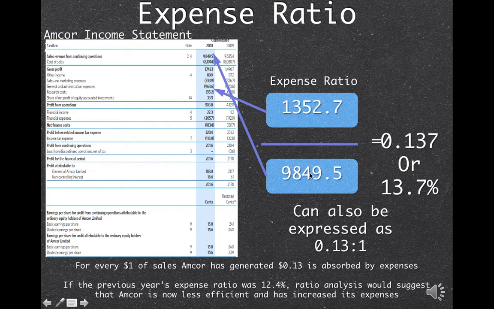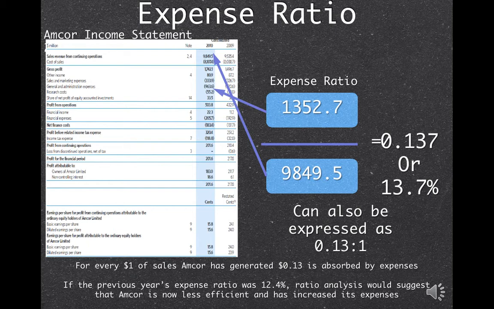Then we need to divide that by our sales, which again at the top of the income statement is 9849.5. If we make that calculation, we get 0.137 or 13.7%. It can also be expressed as a ratio of 0.13 to 1. That means for every $1 of sales generated by Amcor, 13 cents is used in expenses.